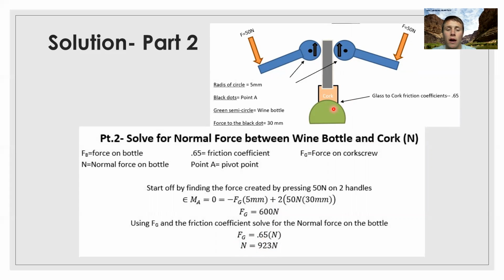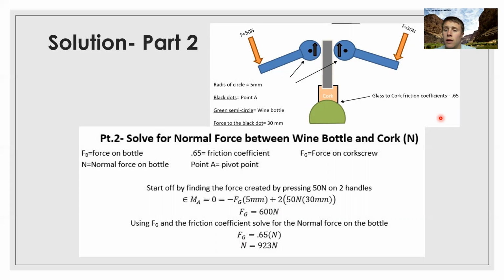Some parts that could be discussed in this problem would be what different friction coefficients of glass and cork can be. When I looked up to try to find the friction between glass and cork, there wasn't a really defined number, but it varied a lot.